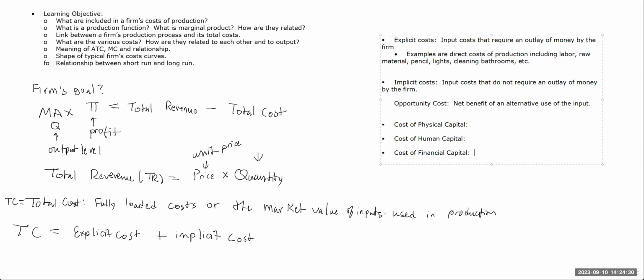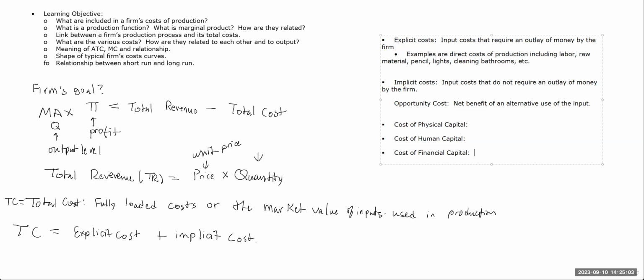It's something that you could have done with this that could have made you some money. Well, what is it? You could have rented the truck out to somebody else, like U-Haul. U-Haul rents out trucks. You could have put a sign there and said, hey, rent my truck for $50 an hour or $50 a day or whatever. You basically gave up that $50 an hour or $50 a day to use this truck in your own business.